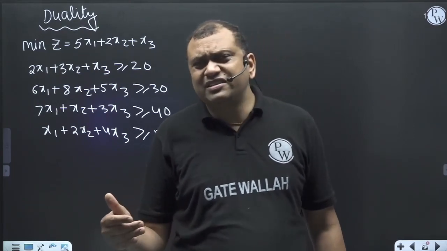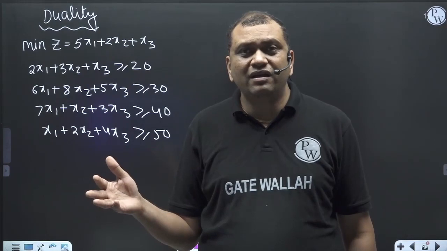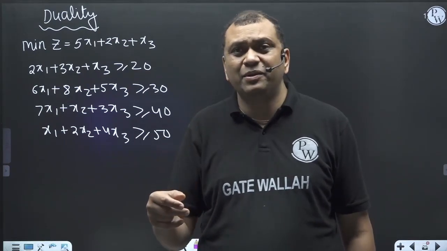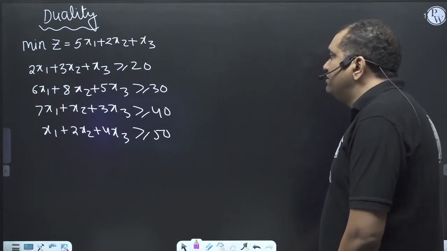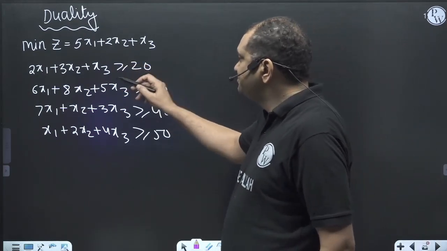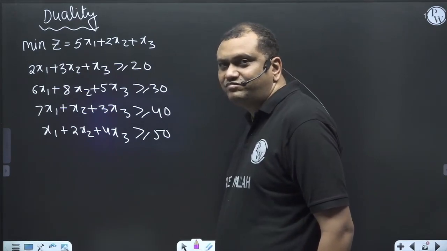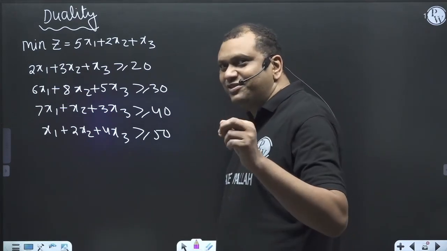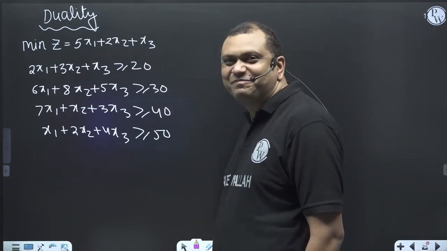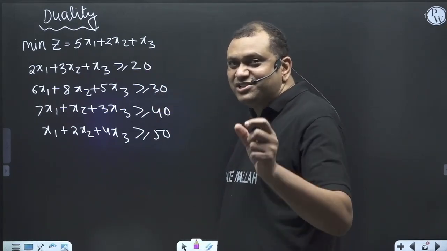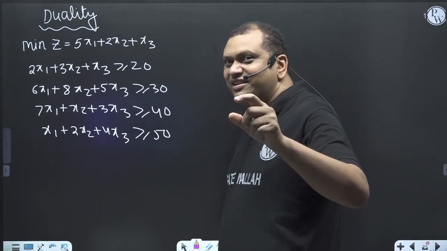Now, sometimes this question may come to your mind: what is the need of dual? Look at this problem. Minimization function. There are 4 constraints, and each constraint is having greater than sign. So each constraint will have one surplus variable and one artificial variable.